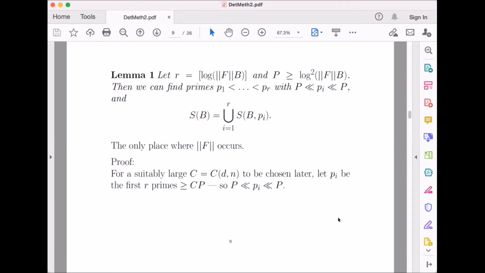So here's a lemma that allows us to do this. We take r to be the integer part of log of the height of the form f times b, and capital P bigger than log squared. Then we can find primes p1 up to pr, all of size order capital P, such that the set S_B is the union of the sets S_B,P_i.